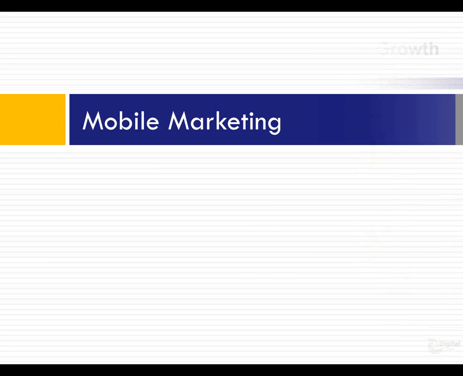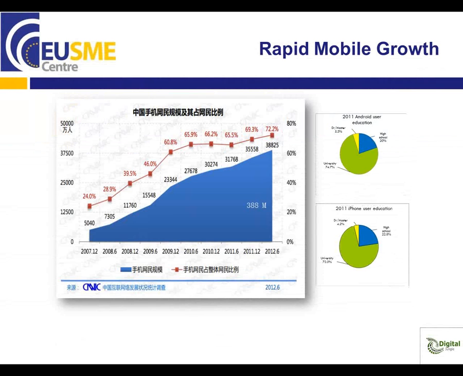The next trend, which we discussed earlier, is mobile marketing. The chart you have in front of you is not the number of mobile users in China, but the number of people who use mobile to access the internet.